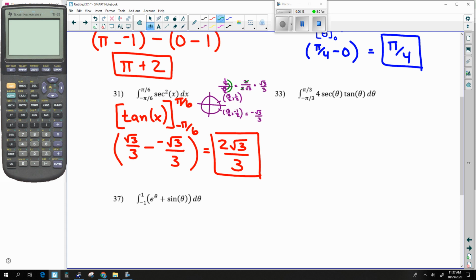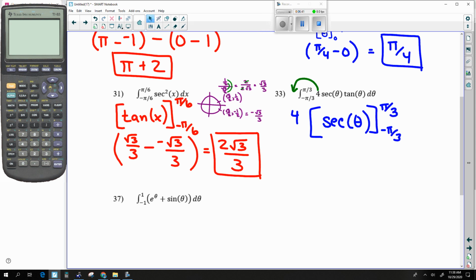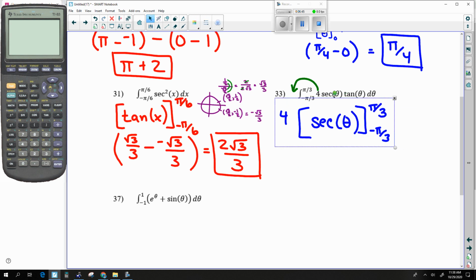All right, this question, I'm going to take the 4 out. I'll worry about that later. And here I have a secant tangent, which is a derivative of secant. So secant is the integral. All right, so again, we probably need some unit circle type information going on here.